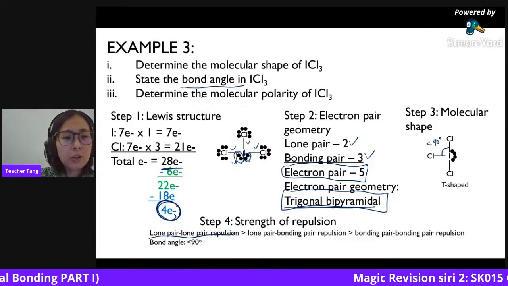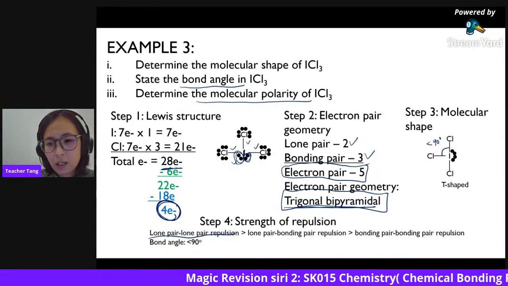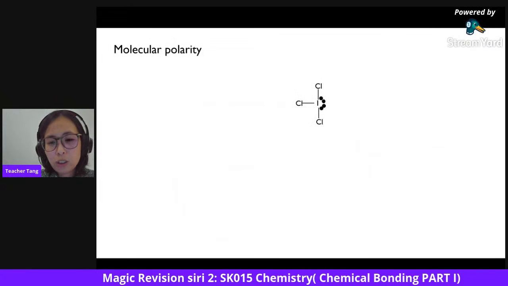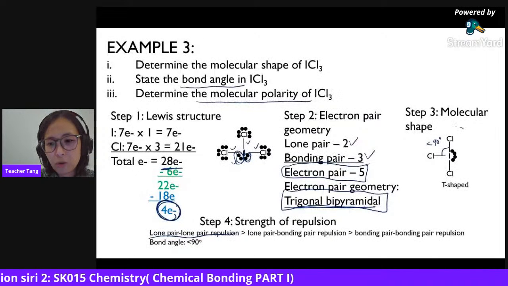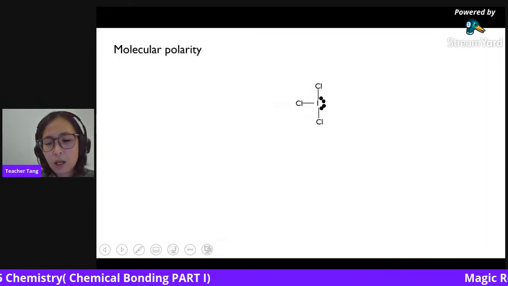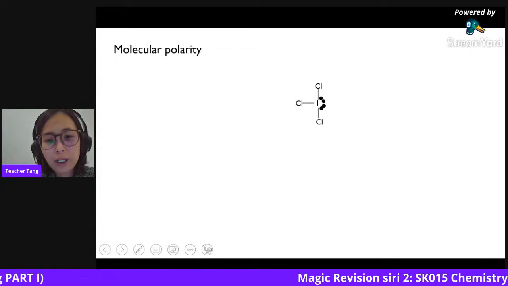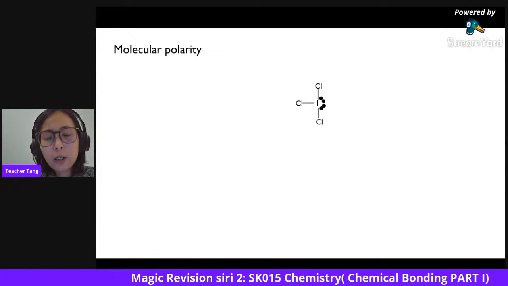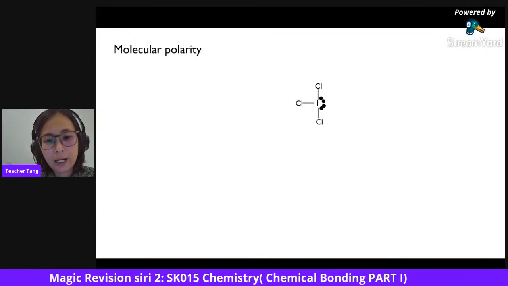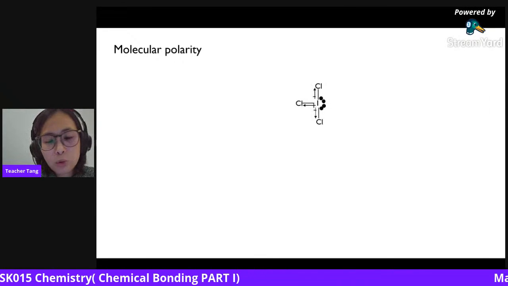So to determine the molecular polarity of ICl3, we need to determine based on the molecular shape. Before we go through the flow chart, we can draw the bond dipoles first. Between iodine and chlorine, chlorine is more electronegative. Therefore, the bond dipoles point towards chlorine.